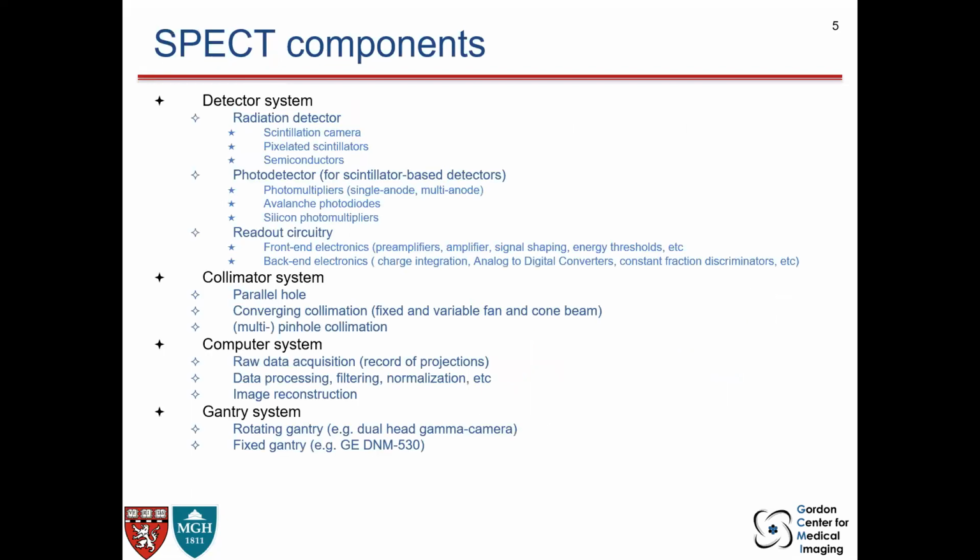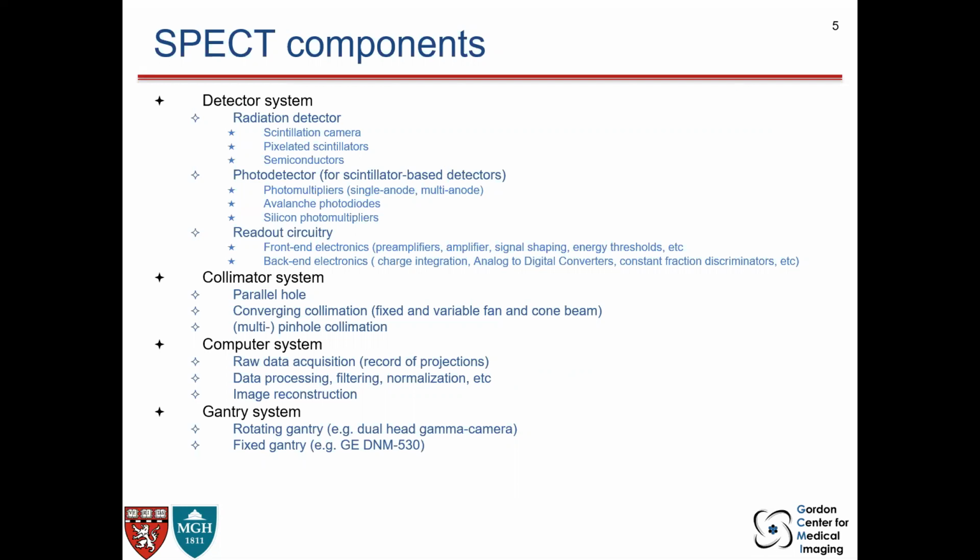As Moses most likely talked about a couple of lectures ago, SPECT and gamma camera share most of the components. As with any imaging modality, we have a detector system, a collimator system, a computer system, and a gantry system. The most important parts for SPECT and gamma camera are the detector system and the collimator system.